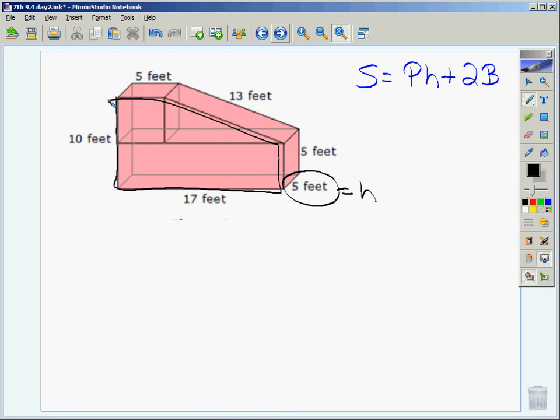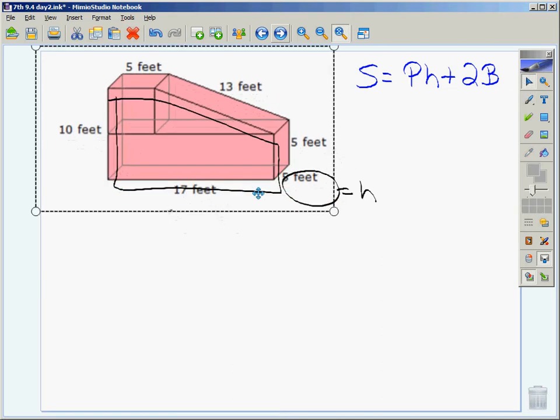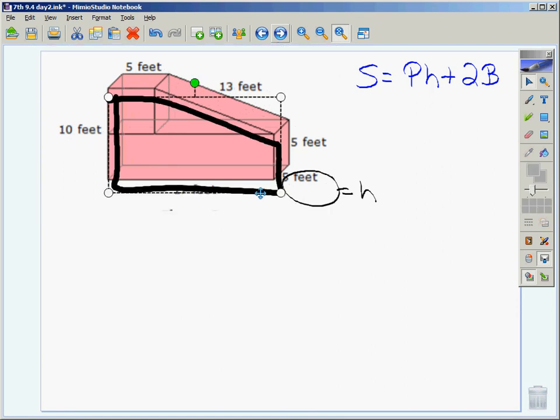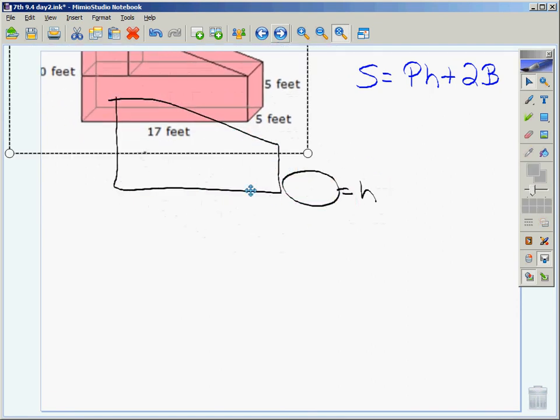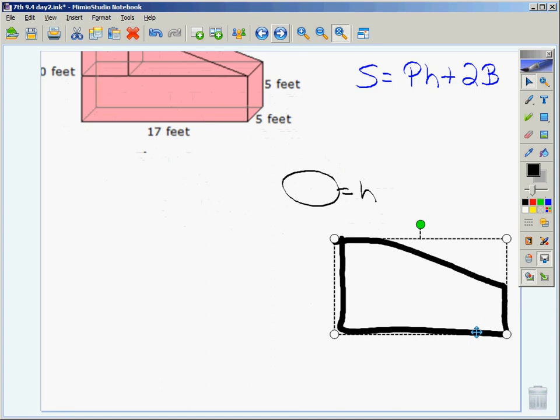And that exact shape is in the back behind it. Those are the two congruent parallel pieces. The height is how big? 5. And we're going to separate out that other shape.